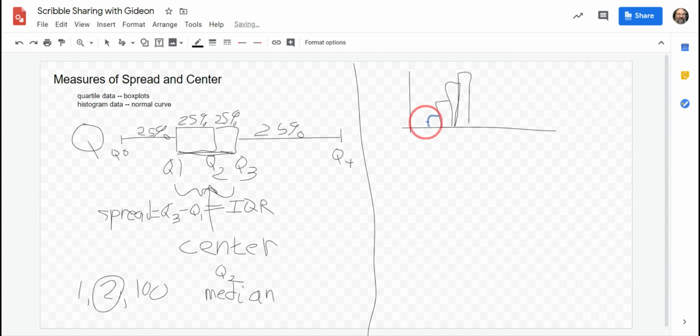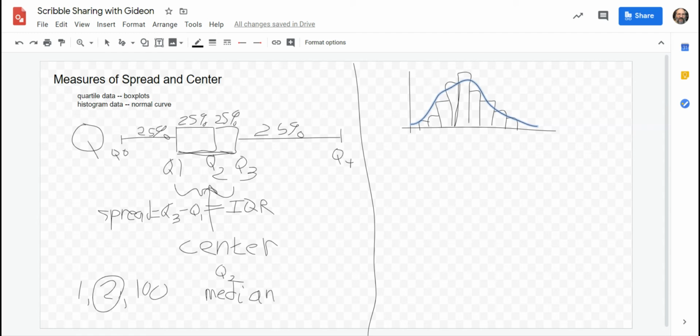Maybe it's the height of females or the IQ of Americans, or the amount of wear on a step measured in inches from the edge. People tend to step in the middle, so that's where there's going to be more wear. And remember, histogram data that is kind of normal, kind of bell-like, is usually what we see in natural situations. So there's sort of an underlying bell that could fit this data pretty well.